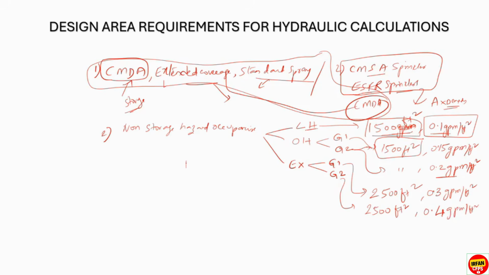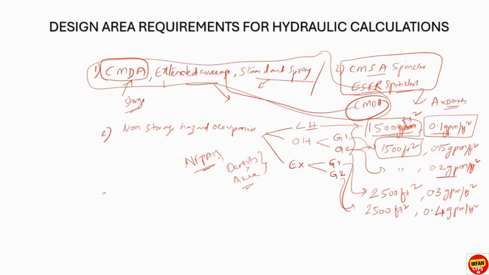If you go through NFPA 13, you can find the density area curve, which we already discussed several times in our sessions. So in the density area curve, you will find all these details. So you have to remember these things. Okay.